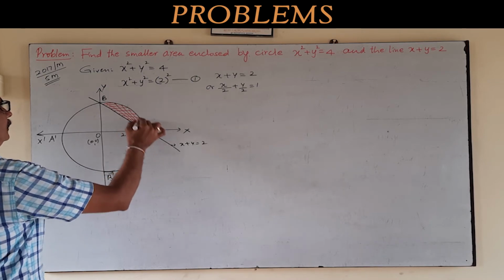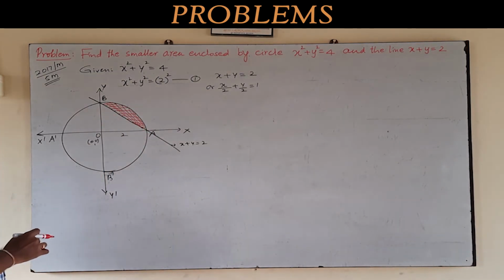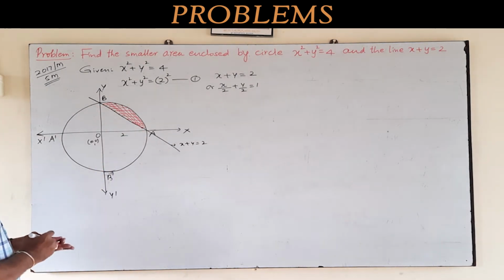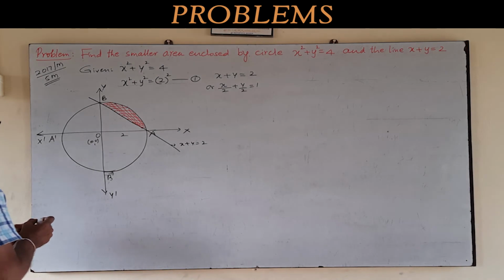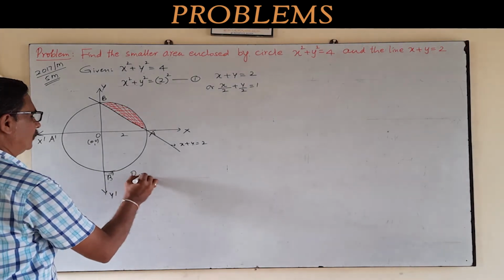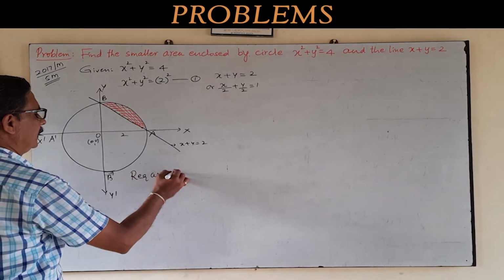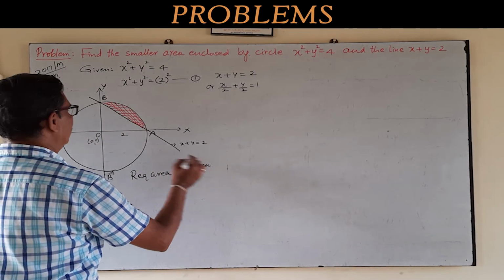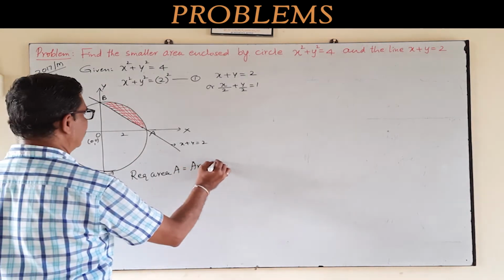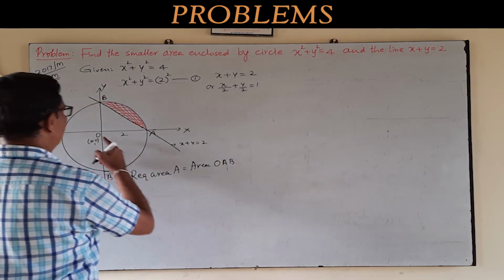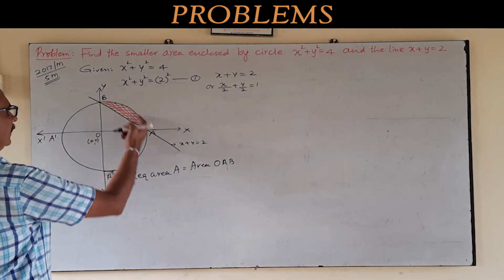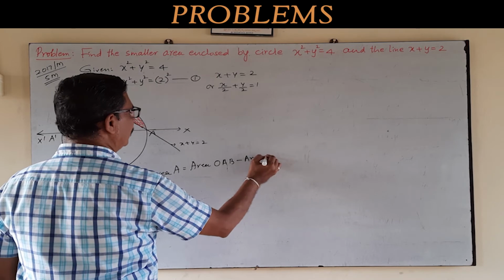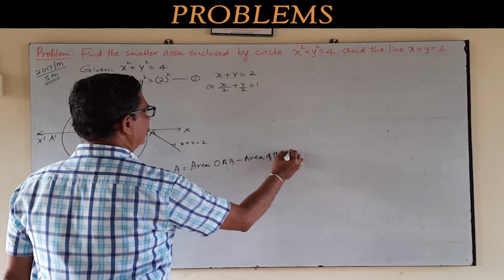Find the area enclosed, the smaller area enclosed by the circle, to calculate the area of that part. How to calculate? Now here the required area A is equal to, first you take the area of the first quadrant, that is OAB, complete that part, sector OAB, minus the area of the line AB.